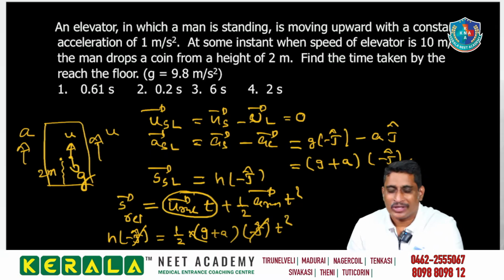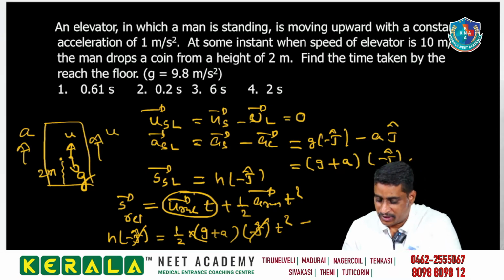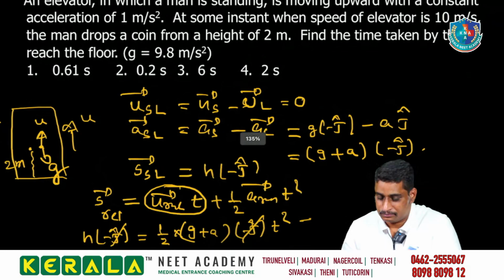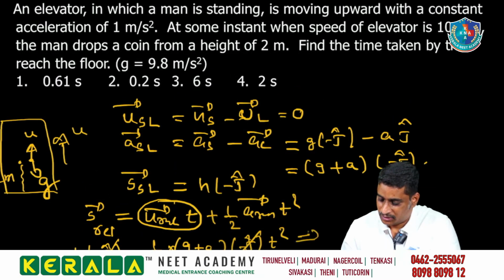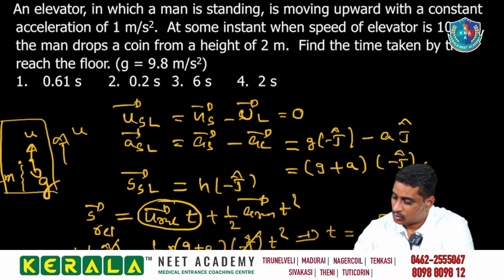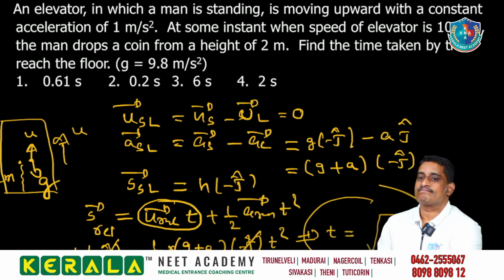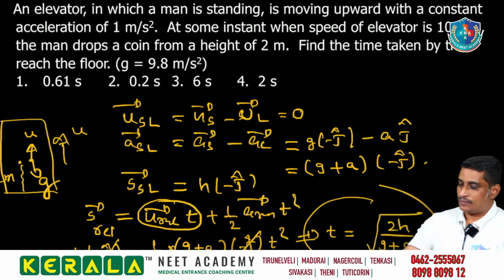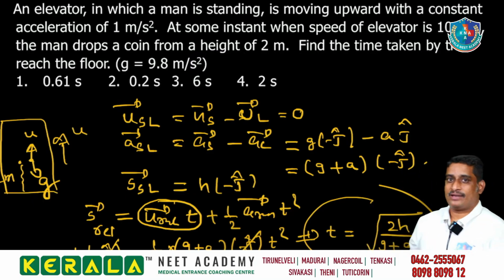So from this equation, it is very clear. The time taken by that stone to reach the floor of the lift, by solving this equation, t will come out to be root of 2h by (g plus a).